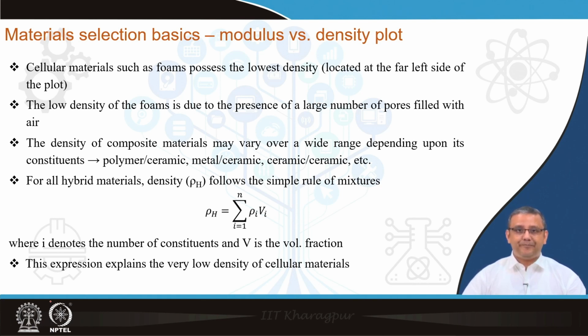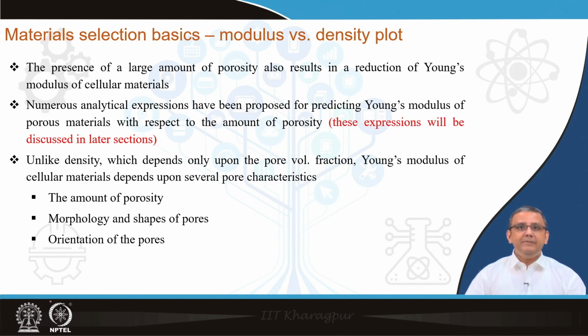In terms of the Young's modulus, now Young's modulus of cellular solids, they depend upon several factors. They not only depend upon the amount of porosity, they also depend upon the morphology and the shapes of the pores, and also the orientation of the pores. Now, amount of porosity is the major factor.